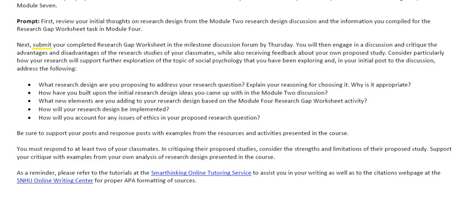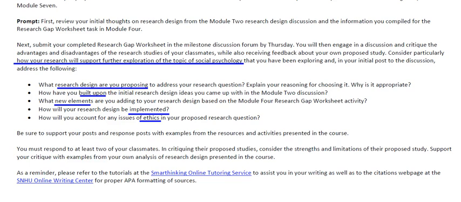This will allow fellow students to review what work you have completed thus far and provide insight into your research study. The focus of your initial post would be to discuss how your research supports further exploration of the topic you identified. Once again, that's the research gap that you identified in Module 4.